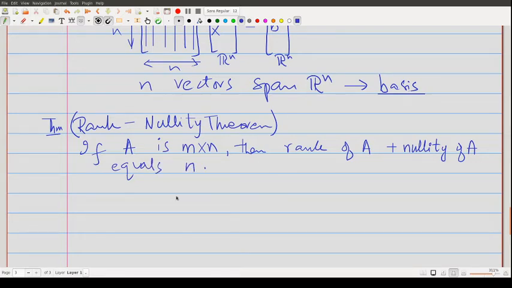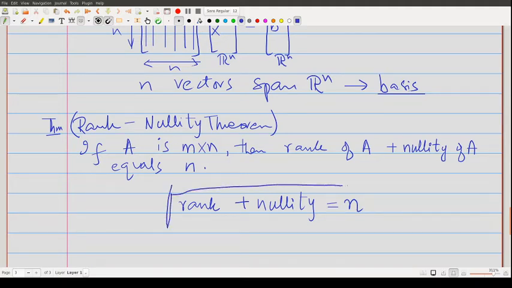And so you get a simple equation, that is the rank plus nullity equals n, where n, notice that n were the columns of A. So that's the Rank-Nullity Theorem.